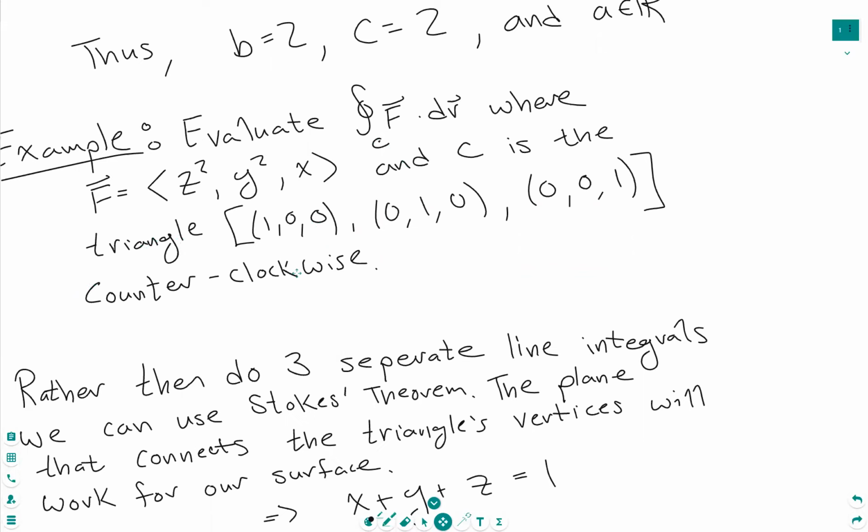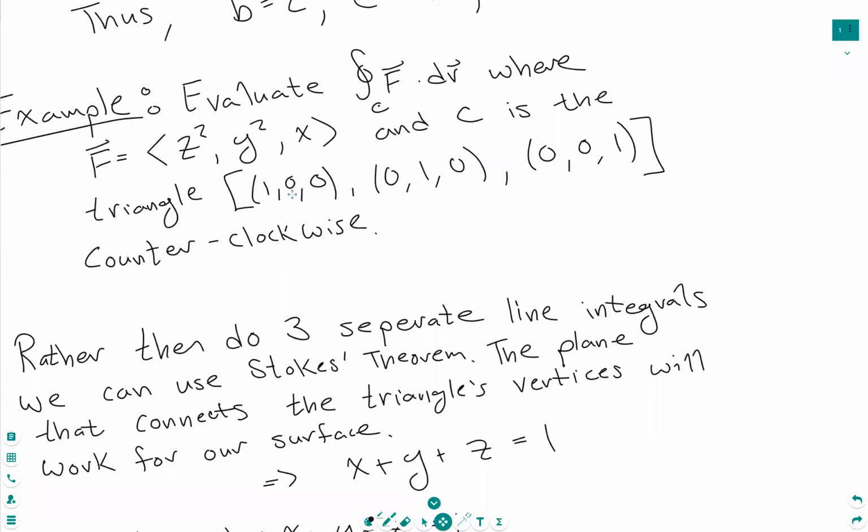Typically when you say counterclockwise in R3, you think about looking down the z-axis, or down the x-axis, or down the positive y-axis, right? So imagine that you've got this thing sitting in the first quadrant of R3.